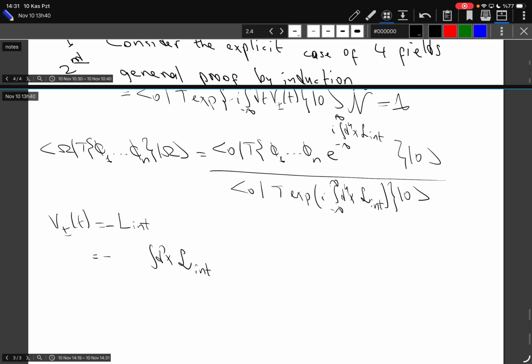This is definitely not Lorentz invariant. But now if I integrate it over time, you see, the time integral itself is not Lorentz invariant. The potential itself is not Lorentz invariant. But the integral of the potential over time is something that is explicitly Lorentz invariant. We want this. Our theory is Lorentz invariant, and we want it to be explicitly Lorentz invariant at every step.